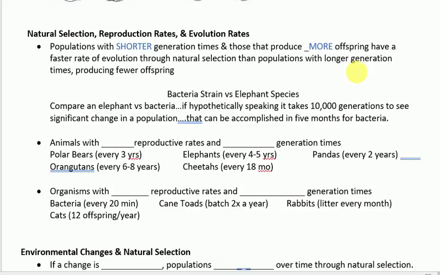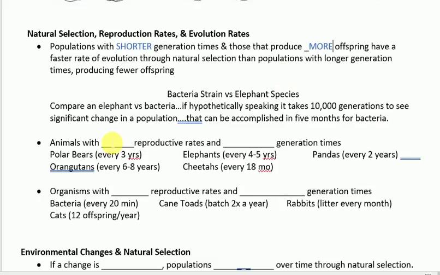So if you compare an elephant to a bacteria, let's say hypothetically that it takes 10,000 generations to see any significant change in a population, that can be accomplished in 5 months for bacteria.